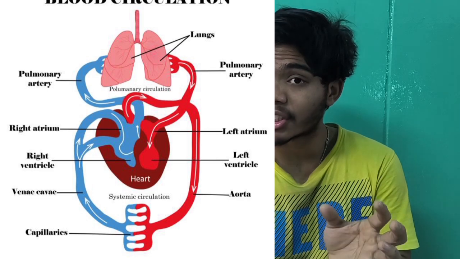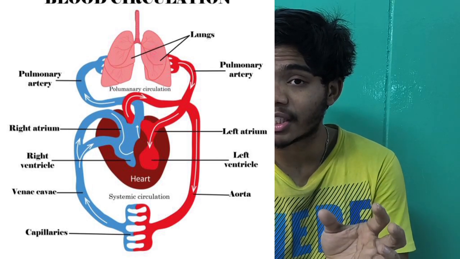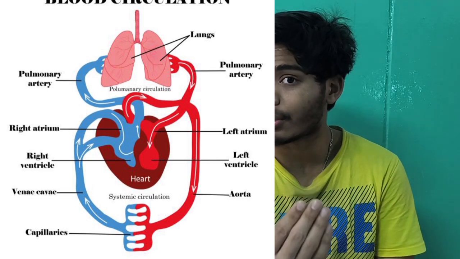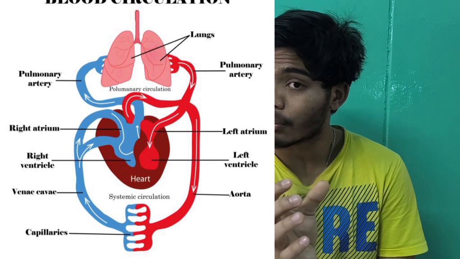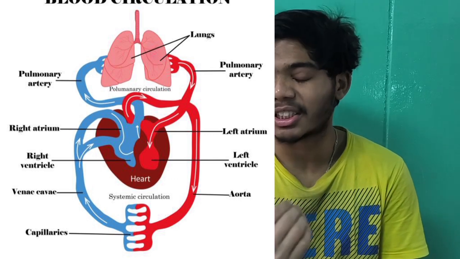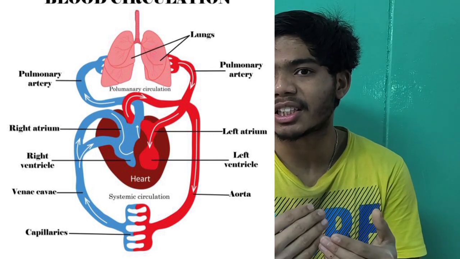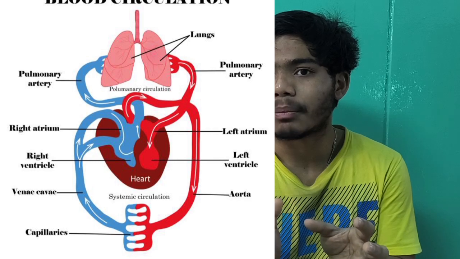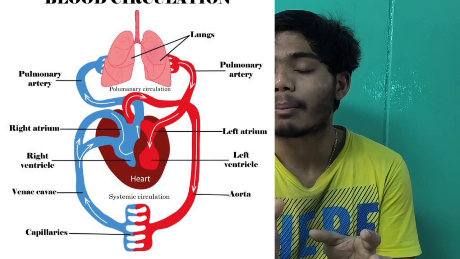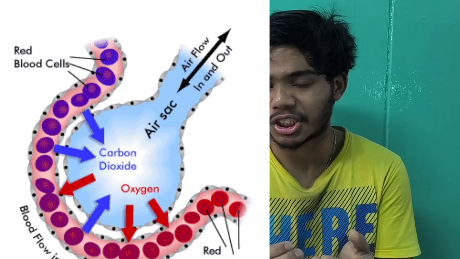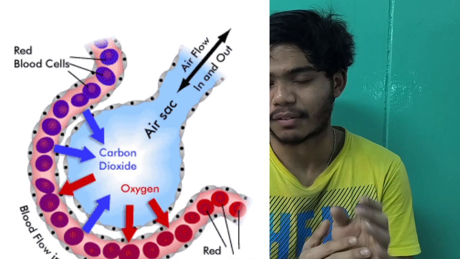So the main function of the right ventricle is to transport deoxygenated blood from the heart to the lungs, and in the lungs this deoxygenated blood comes into the pulmonary capillaries for gaseous exchange. This is the main function.